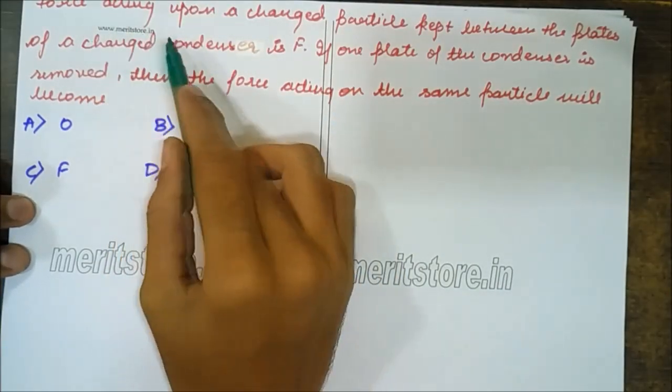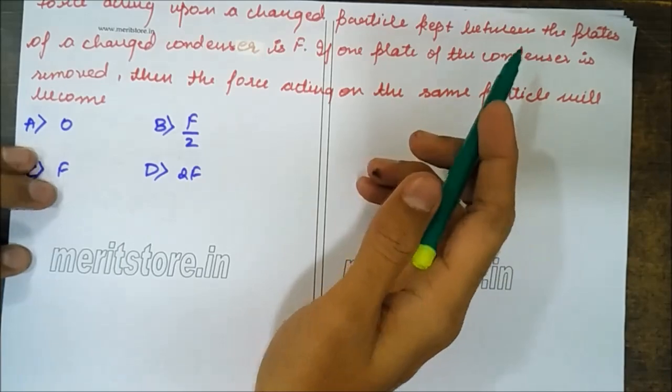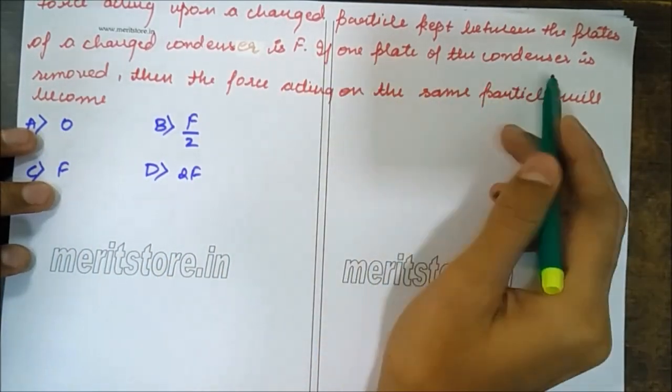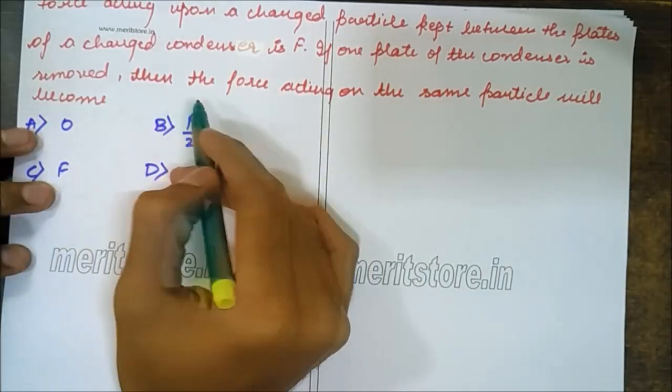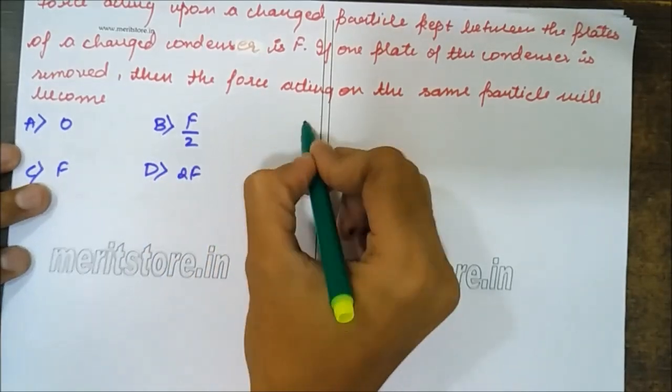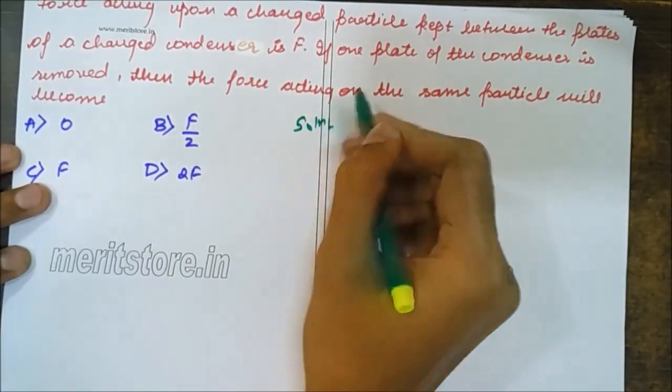The force acting upon a charged particle kept between the plates of a charged condenser is F. If one plate of the condenser is removed, then the force acting on the same particle will become 0, F by 2, F or 2F. We have two conditions here.